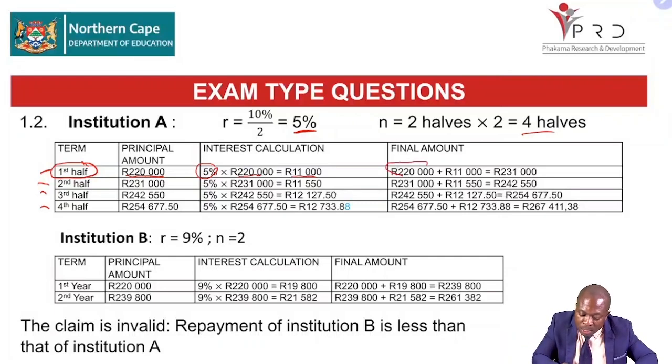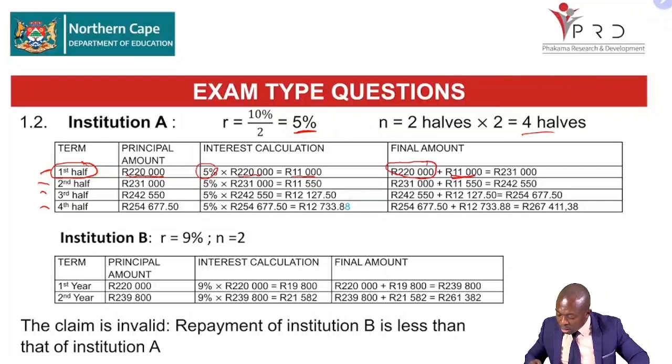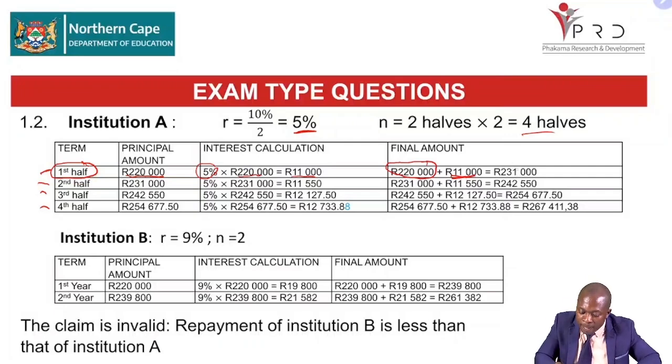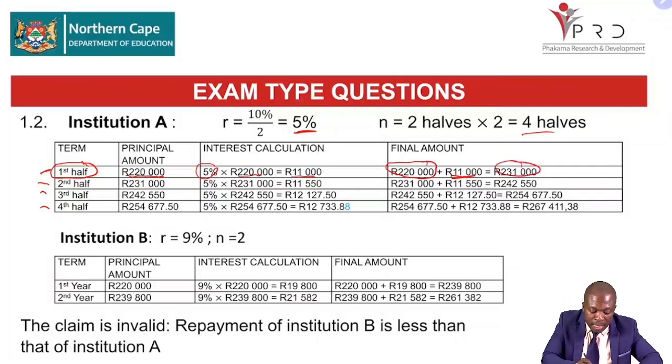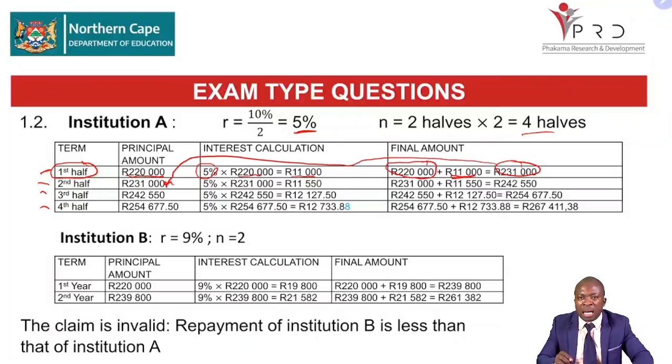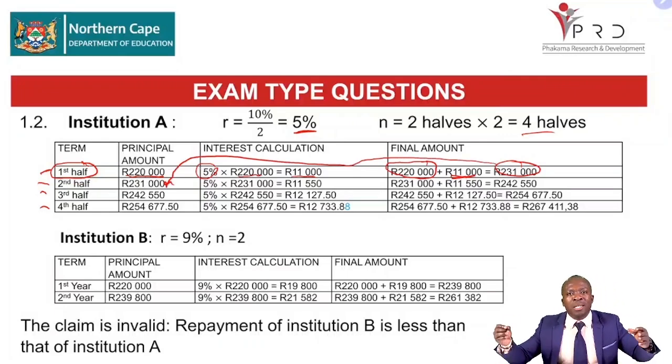Can you see we take that 220,000, you add the 11,000, then let's say plus 220,000. Mine says 231,000. Can you confirm with me quickly for the second half year? So we bring that 231,000 here. That is the one we are going to start with. Why are we doing that? Because we are working with compound interest.